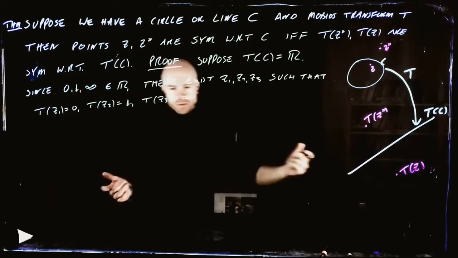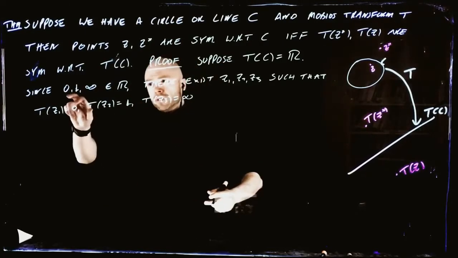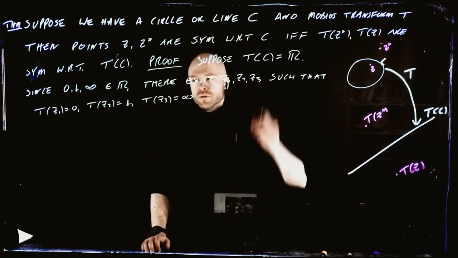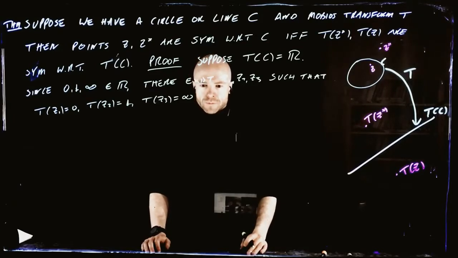Because T is invertible, we just take the inverse of T on 0, 1, infinity, and get these points, Z1, Z2, Z3. Okay, so that's definitely true.